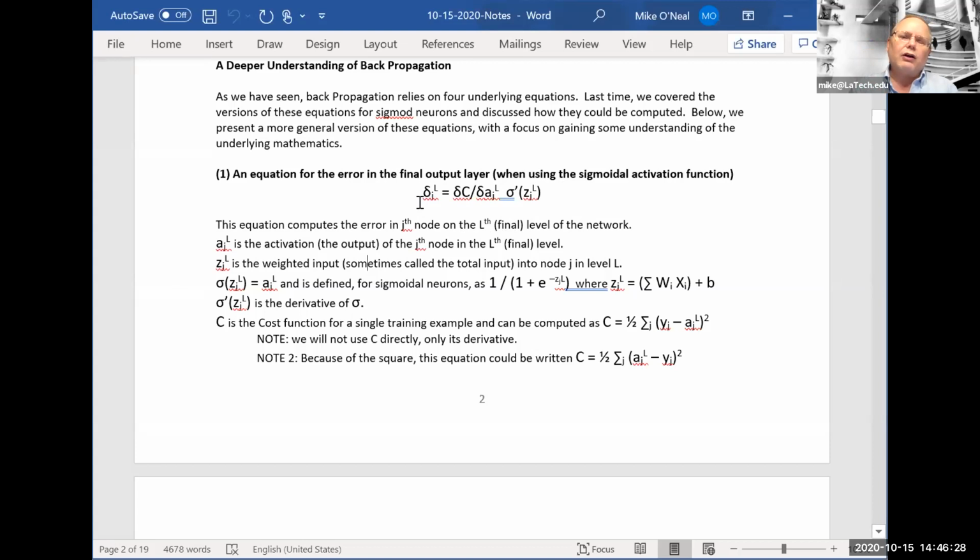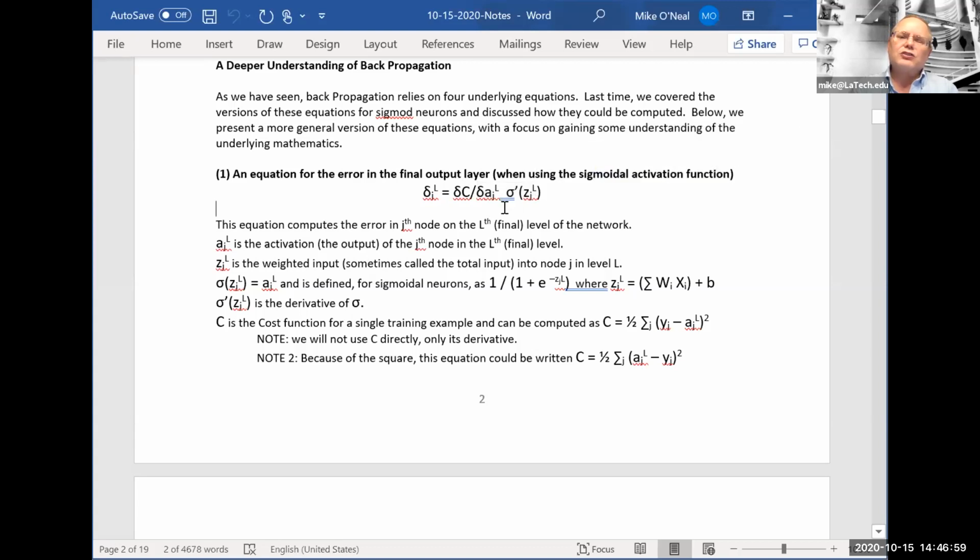So the error in node J of level capital L, using the capital means this is the last layer, is the derivative of the cost function with respect to the output of that node in that layer times the derivative of our activation function.